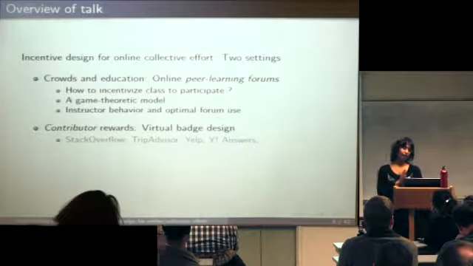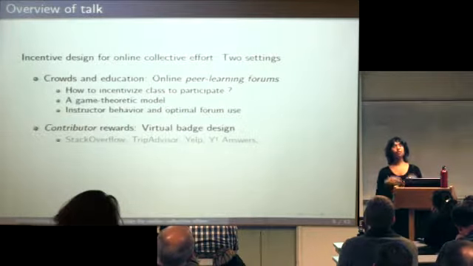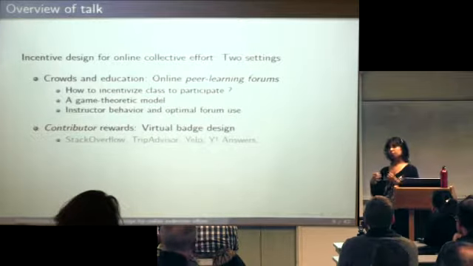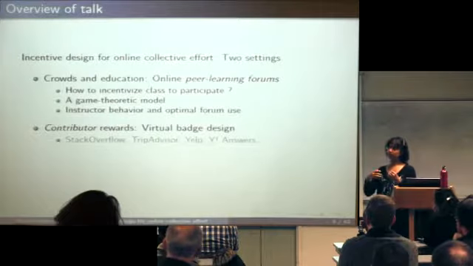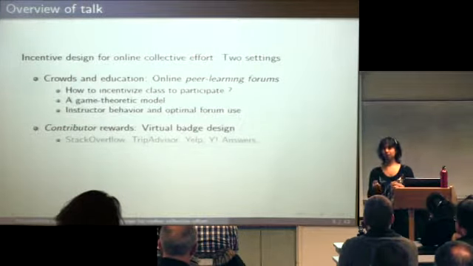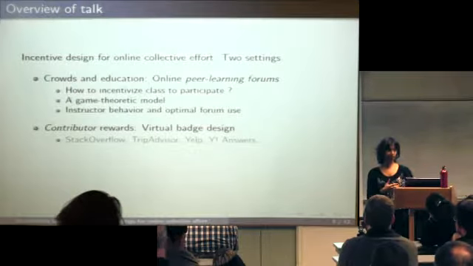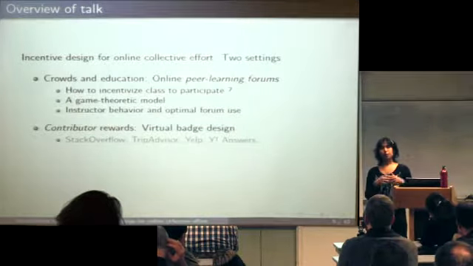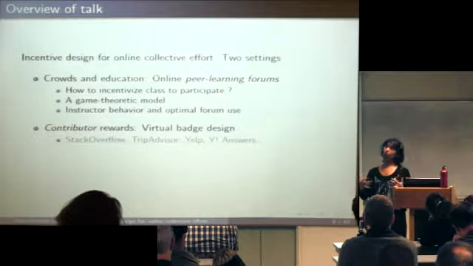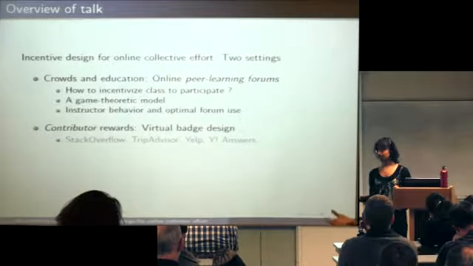The second setting I'm going to tell you about is rewarding for overall contribution. While there has been a bunch of work on how you allocate rewards for individual things, like how do I give out points for an individual question or attention for a particular question, a lot of contributors on these sites are really not responding just to rewards for a particular question or the attention they got for a particular review. What they're really responding to is their identity as a contributor overall on the site.